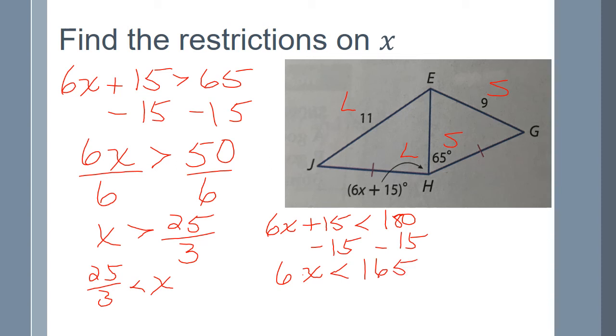So x is going to be less than 27.5, which, we can do 27.5. I did that on the calculator real quick. You could have 27.5, or you could end up with 455 halves.